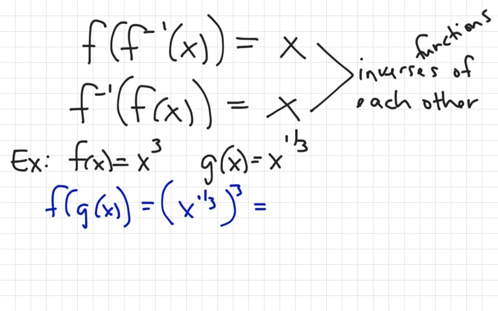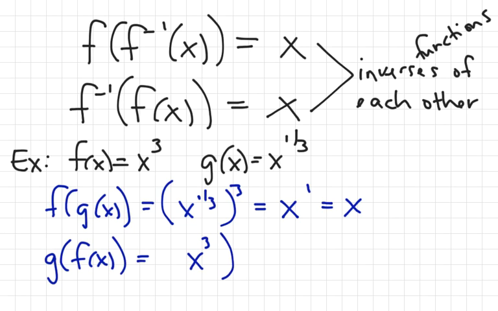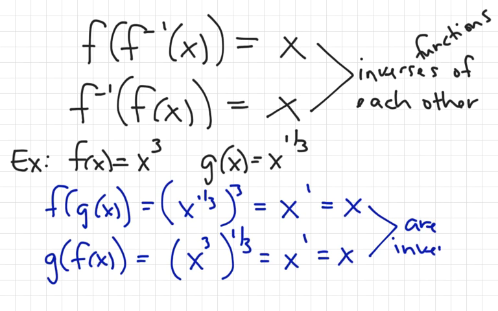This is the property where the exponents get multiplied. And then we would perform g of f of x. We would put f of x into g of x. But the exponent property is the same. You would multiply them, and 3 times a third is 1. So these are inverse functions of one another.